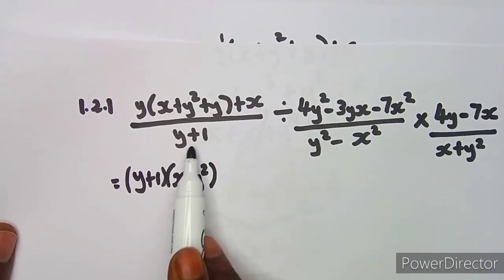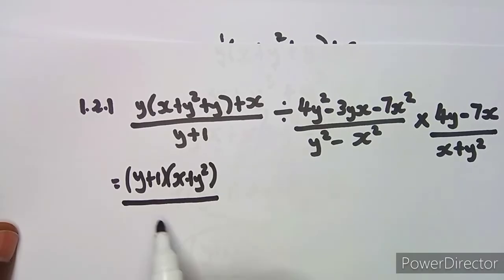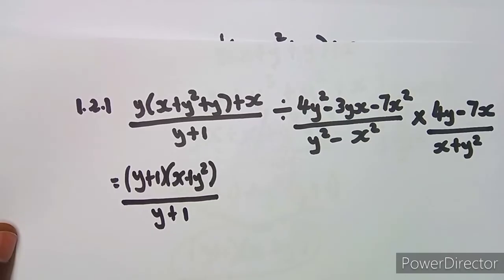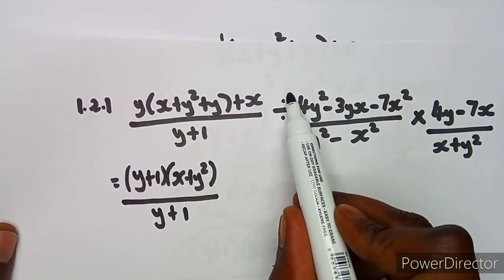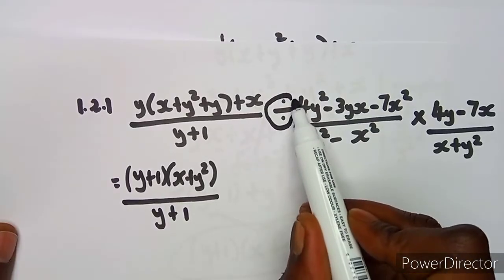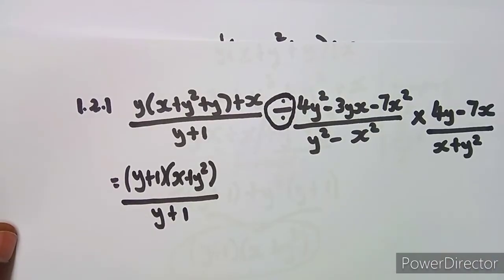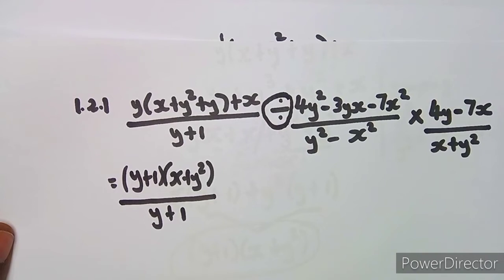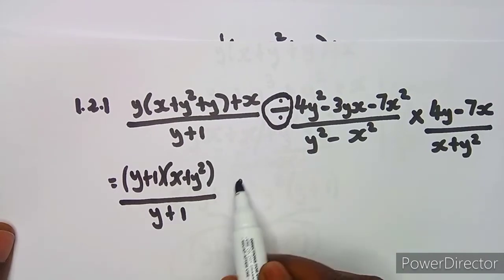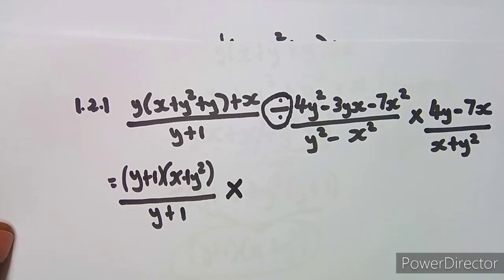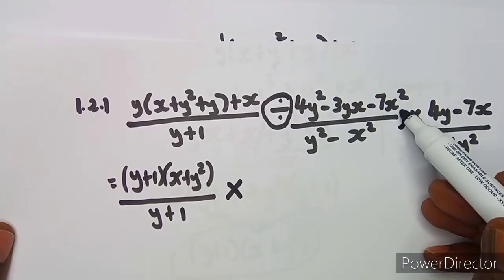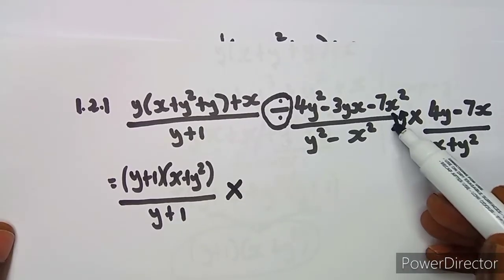Then here there is nothing that we can do, we just have to rewrite as it is, which is y plus 1. And another thing, remember that here we are dividing. Whenever you are dividing, you have to introduce multiplication, and the moment you multiply, you are going to invert the second fraction, which means this is going to interchange.